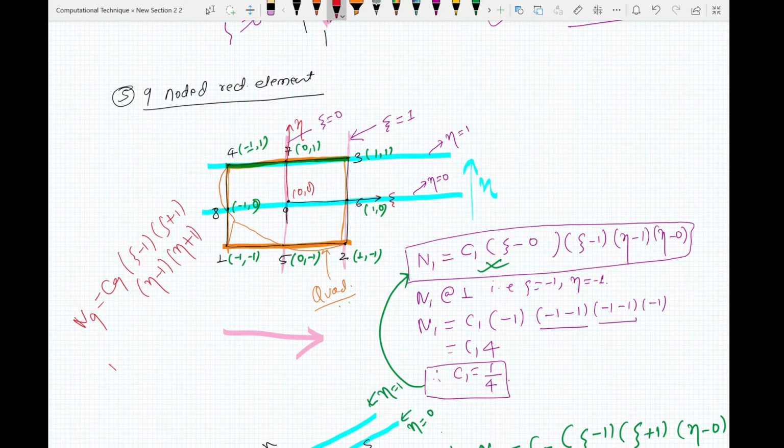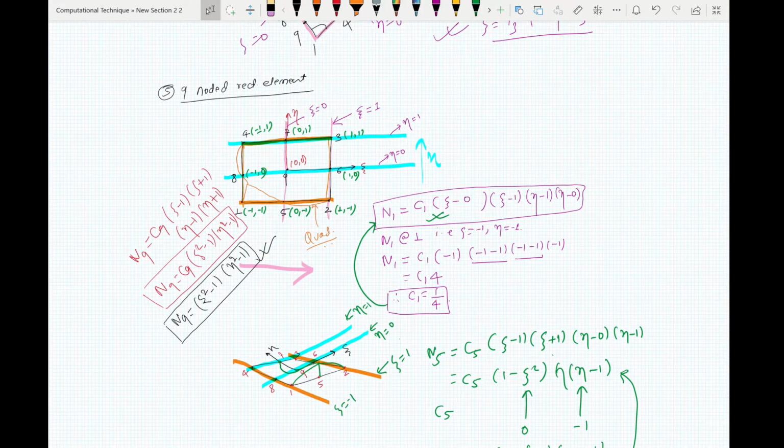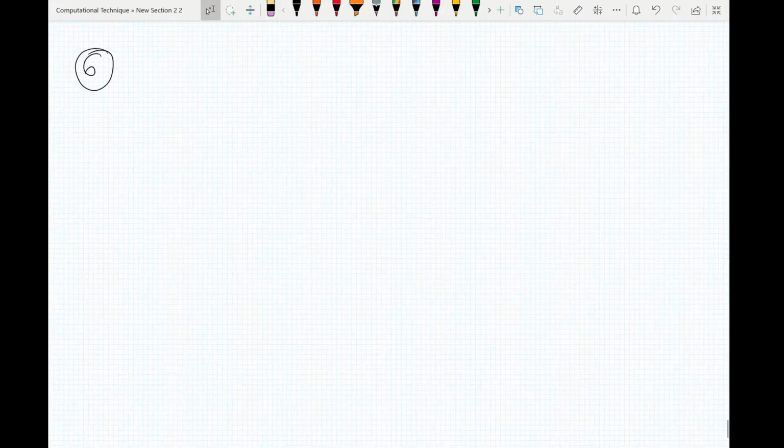So n9 will be of the form c9 xi squared minus 1 and then eta squared minus 1. You can find the value of c9 by substituting here 0 and 0. Now you can see here that when you do that, c9 equals 1. Therefore the equation for n9 will be, and this is how you obtain the values of your shape functions for a 9-noded rectangular element. Similarly, you can have a rectangular element like this.